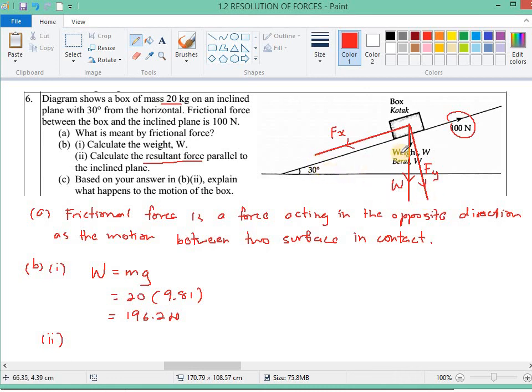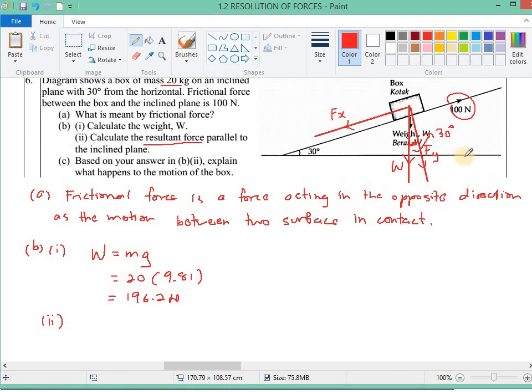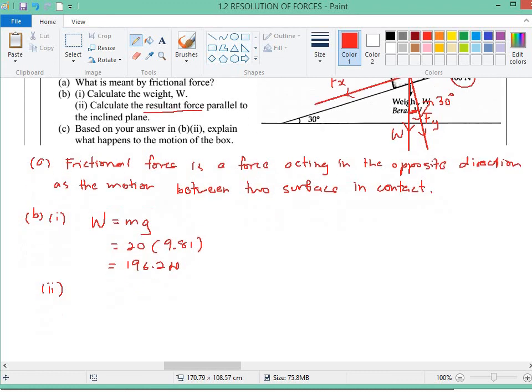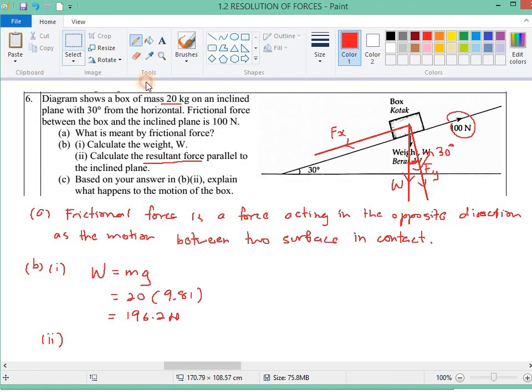If this is 30 degrees, here is also 30 degrees. From here we can get a parallelogram. So I draw the parallelogram so that you get an idea.